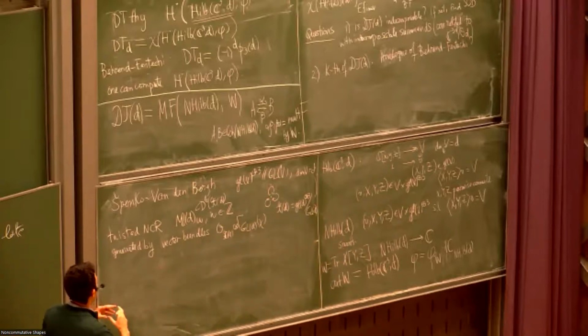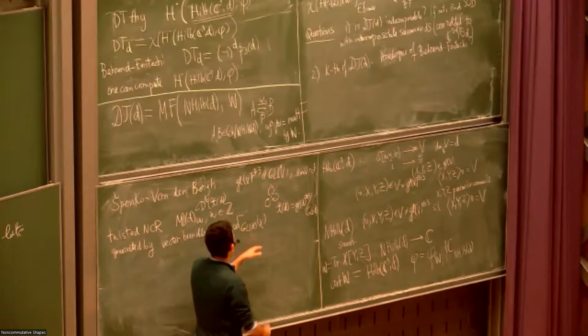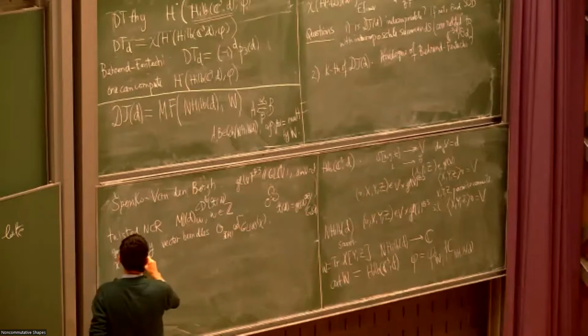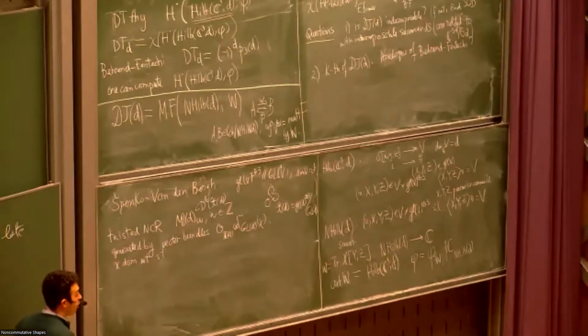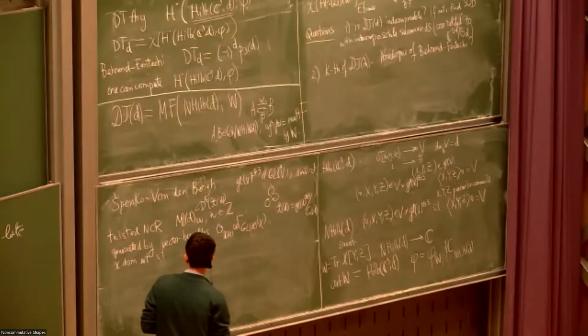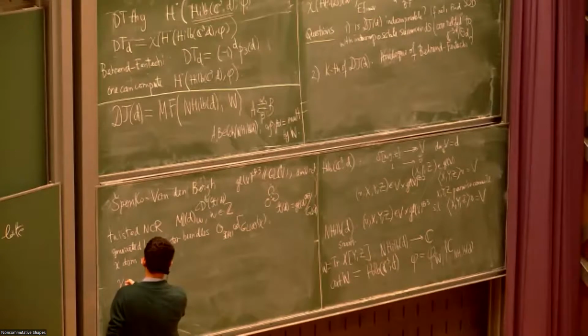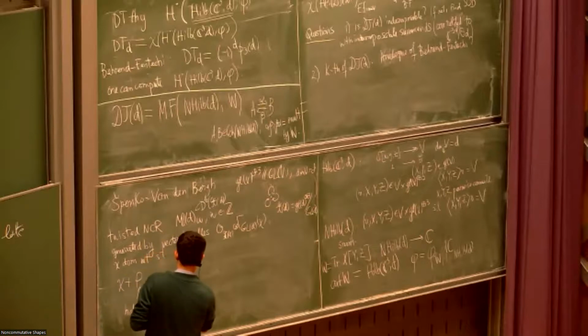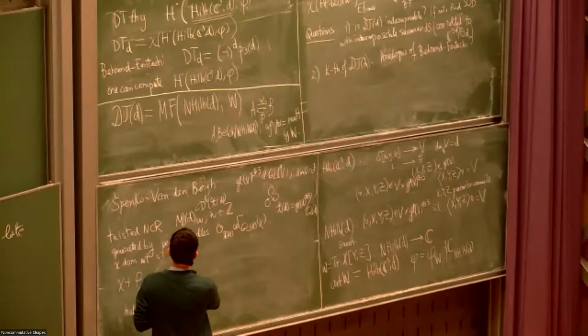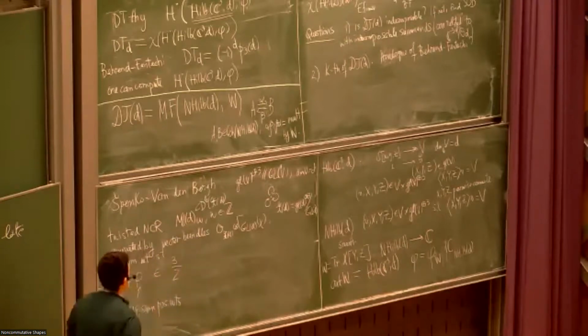It's generated by vector bundles O(chi), where chi is a dominant weight of GL_D such that chi is in a certain polytope inside the weight lattice of this reductive group GL_D. That is, such that chi plus rho, where rho is half the sum of positive weights of GL_D, is in this polytope that's given by a Minkowski sum.